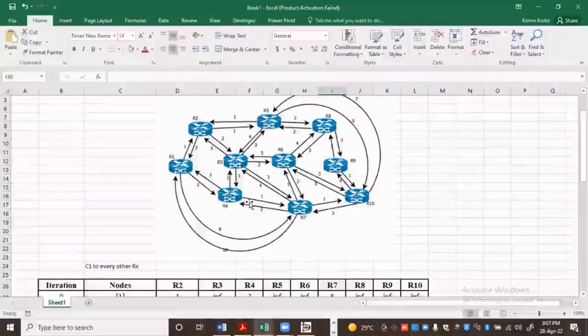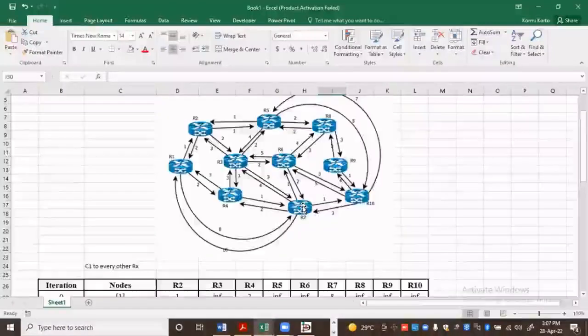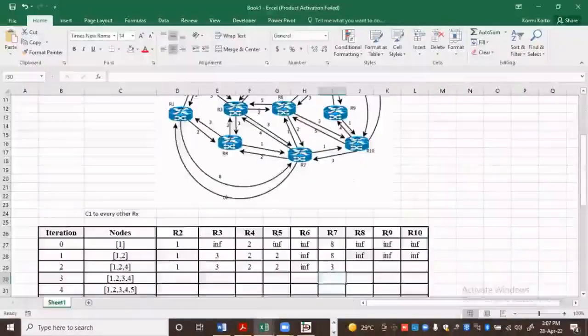And if you look at it, 1, the closest neighbors that it has are 4, 3, and 7. Comfort, is that clear? So that's why I use 1, 2, and 4.